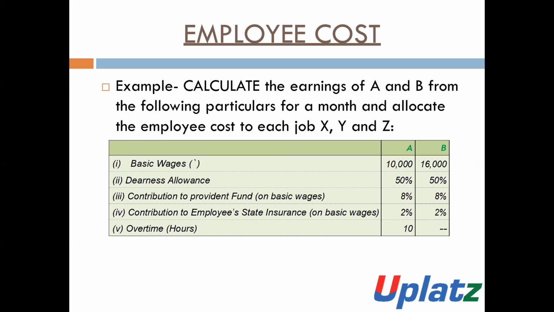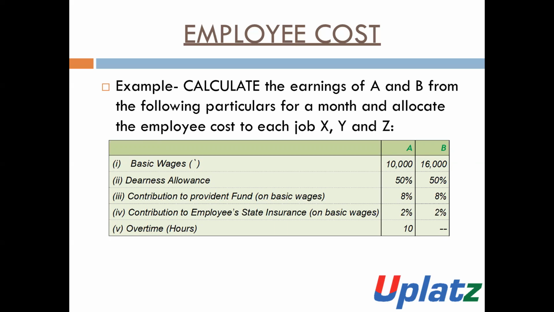The basic wages of employee A is 10,000 and of employee B is 16,000. DA allowance is 50% of basic, contribution to the provident fund on basic wages is 8%, and contribution to employee state insurance, ESI, is 2%.